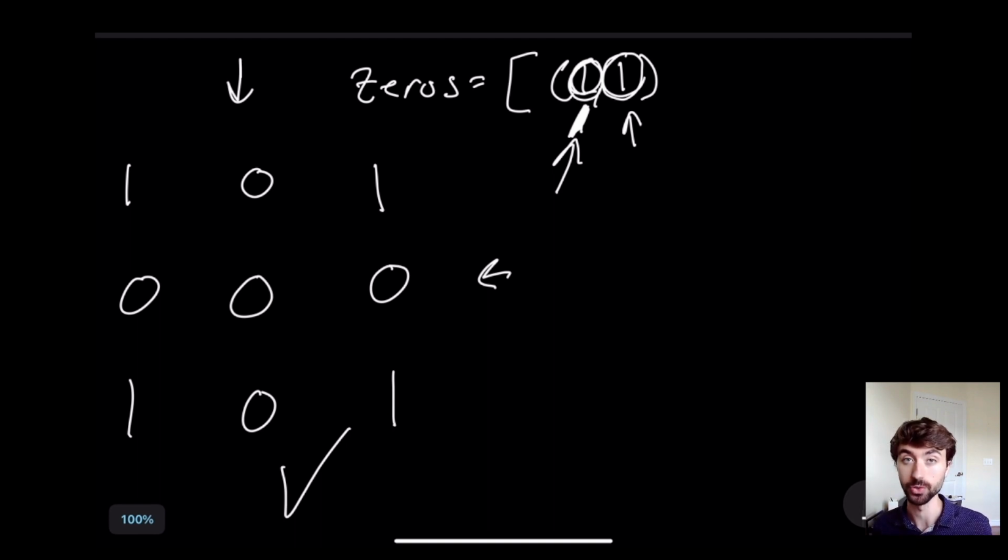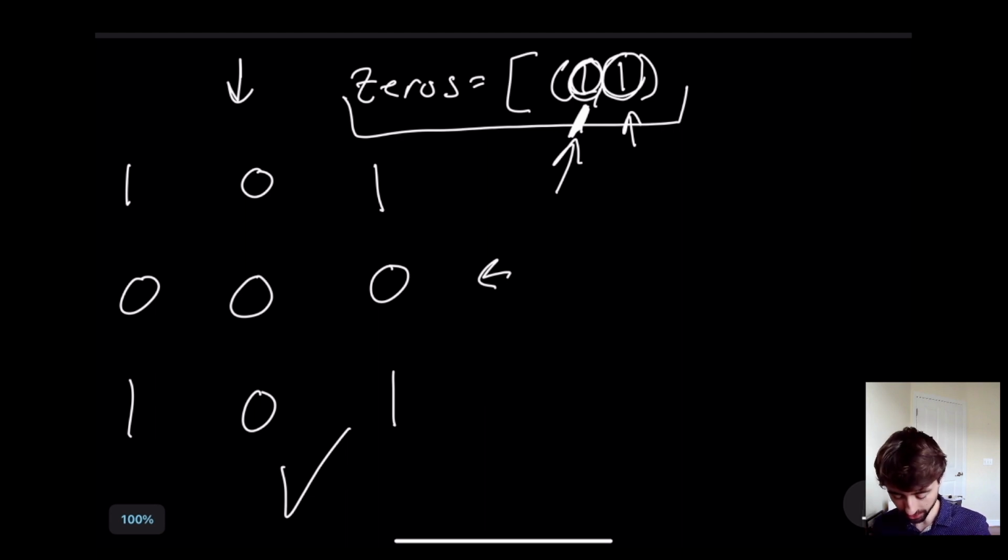But the one issue is that the problem statement told us to do this all in place, which means without making another matrix. And we did that, but we used this extra array to keep track of where all the zeros are. And because we did that, I don't think we've technically used as little space as we could have.